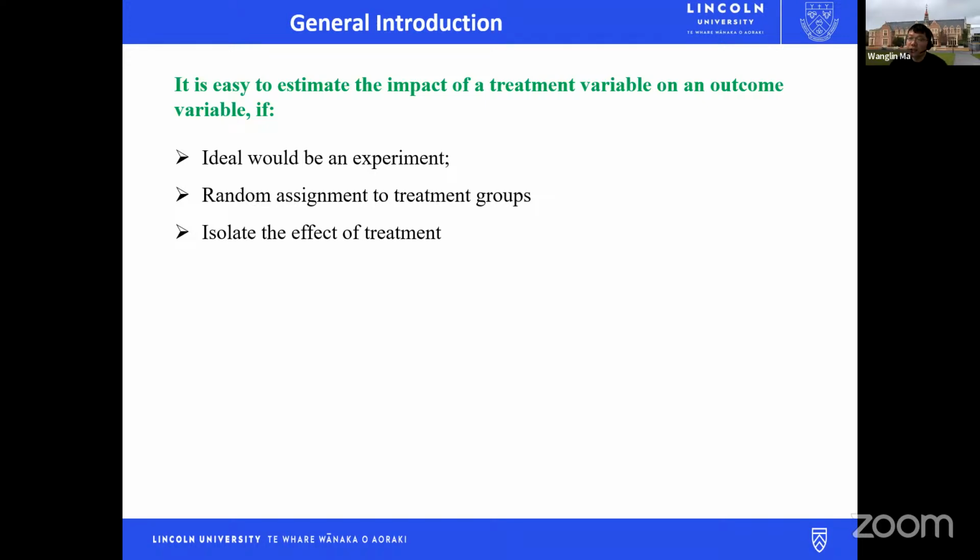So it is easy to estimate the impact of a treatment variable on the outcome variable if ideally it would be an experiment. But conducting an experiment is always very expensive, and requires random assignment to treatment groups.